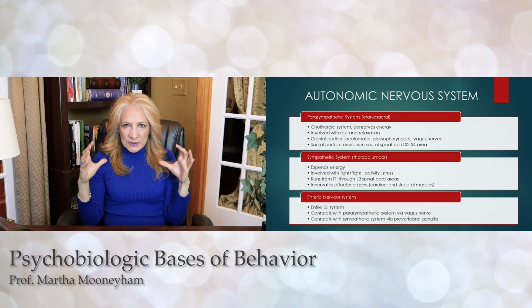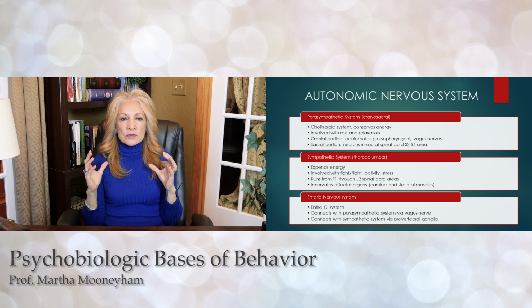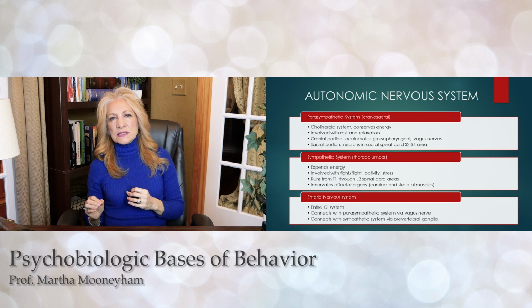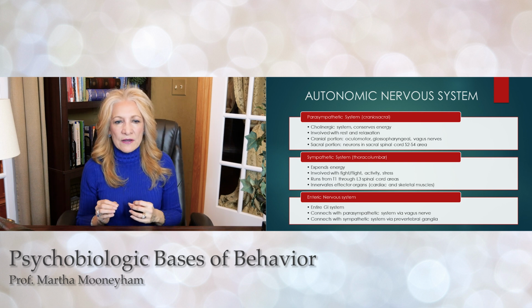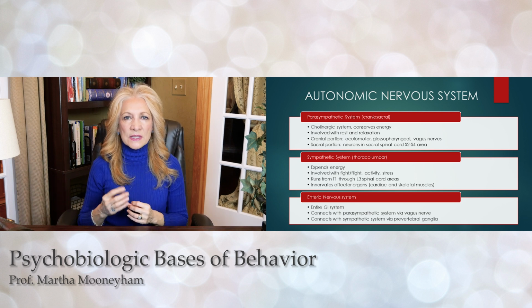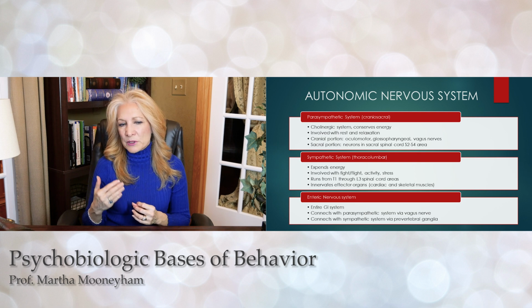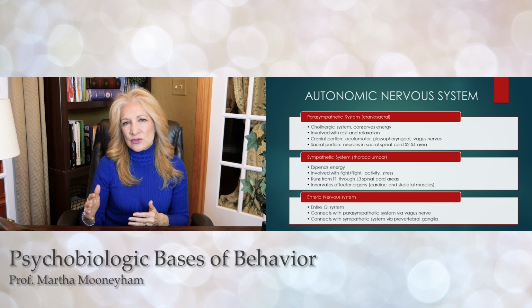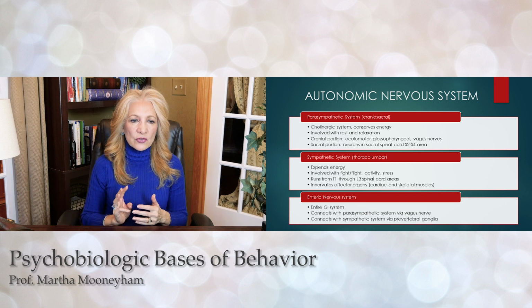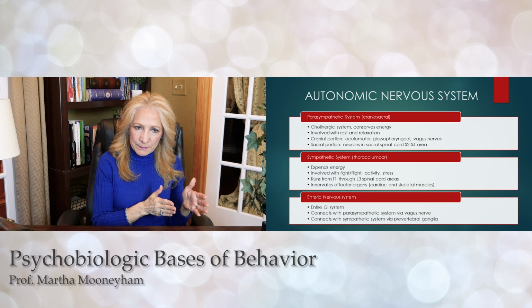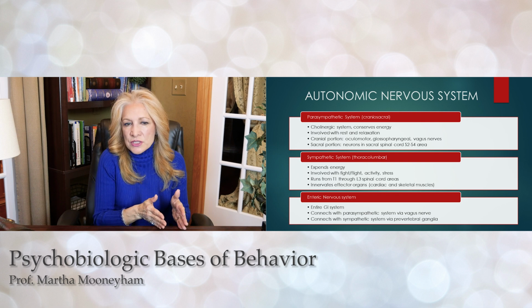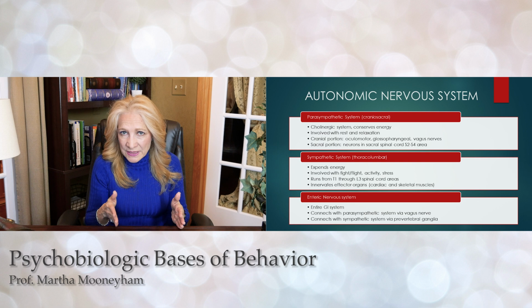Zooming out a little bit in the concepts, we're going to discuss briefly the autonomic nervous system, because this is really important. The autonomic nervous system is divided into 3 areas. Some people include the enteric nervous system into this, and some don't, but I will. So we have the parasympathetic system, which is basically a cholinergic system, and it conserves energy.